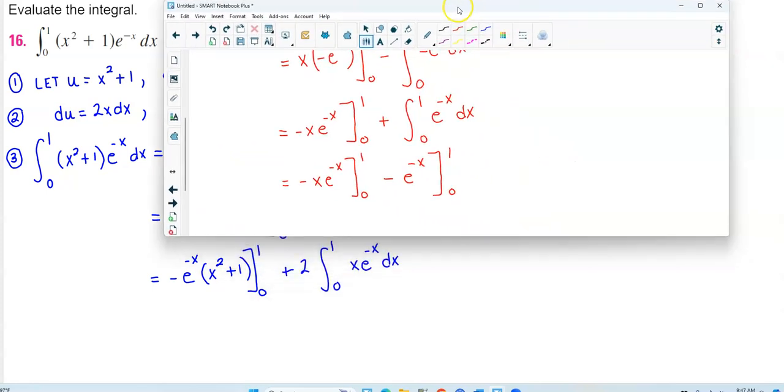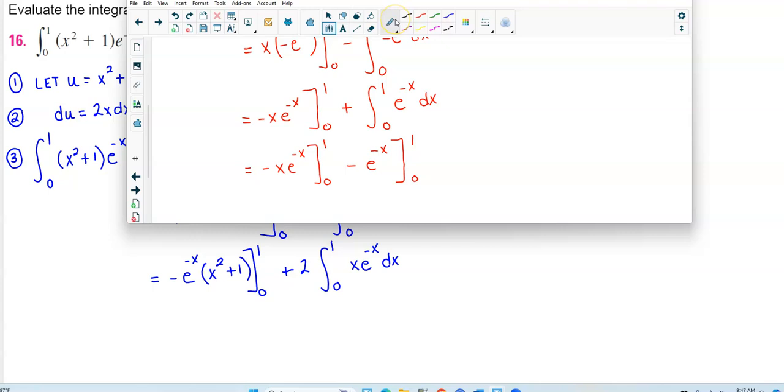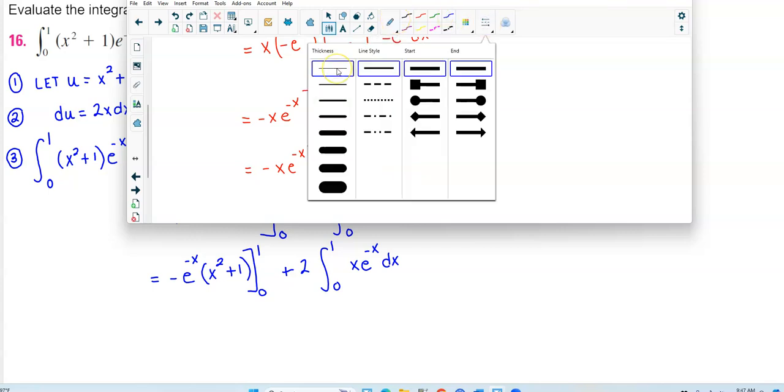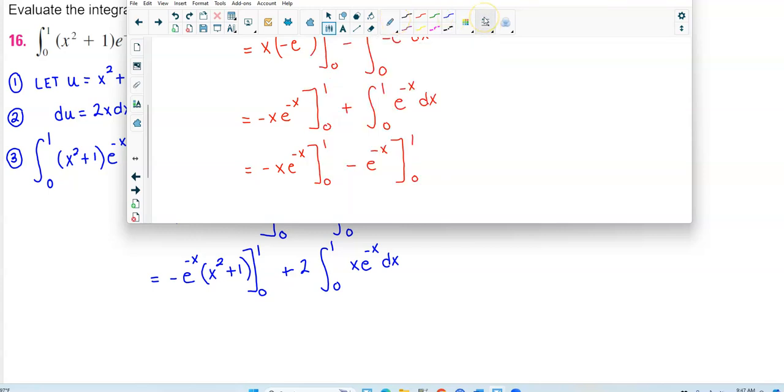Now we're going to go ahead and substitute that back into this problem here. So we know that we have negative e to the negative x times x squared plus 1 going from 0 to 1.